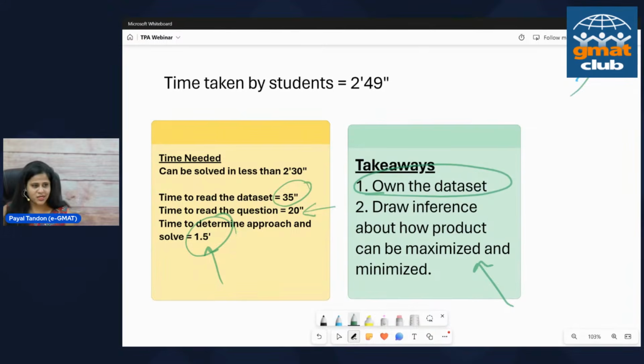Tell me, what are your learnings from this one? All right, take the extra step to ensure accuracy.